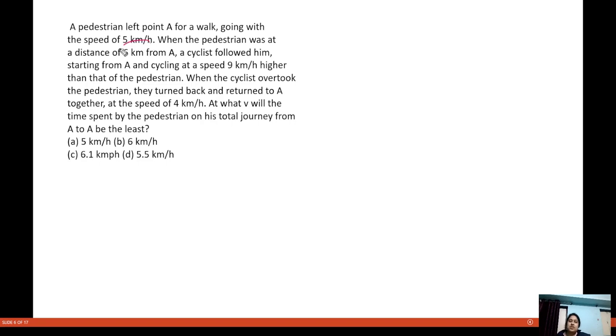See, in this question actually this 5 kilometer per hour which is given in the starting is a little bit misleading. What is happening here is there is a pedestrian. He's at a distance of 6 kilometer from A, and he is walking at 5 kilometer per hour. That is given in the question.